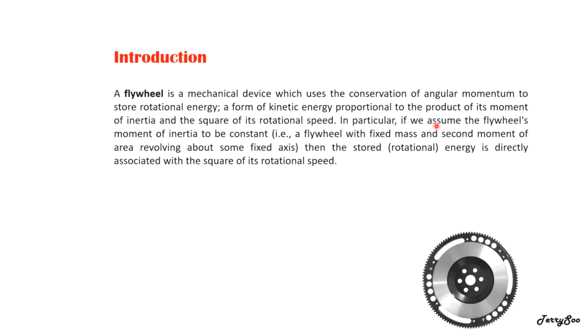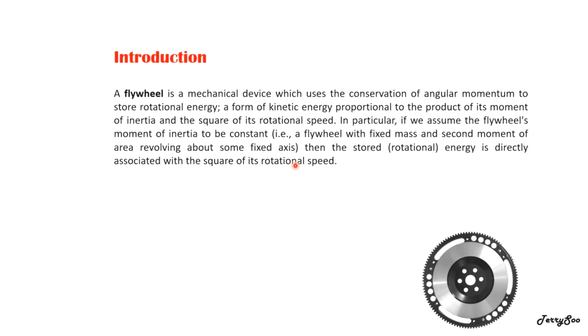Now, in particular, if we assume the flywheel's moment of inertia to be constant, then the stored rotational energy is directly associated with the square of its rotational speed. So the amount of energy stored or delivered totally depends on the square of omega.